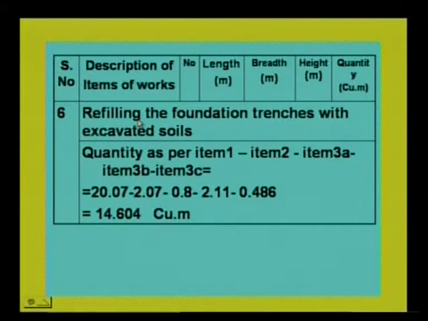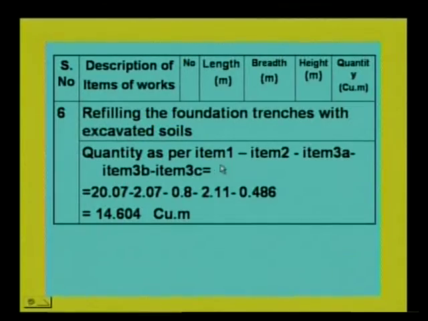The next one is refilling the foundation trenches with excavated soil. This quantity is obtained by deducting the quantity of CC bed, quantity of RCC for footing, and also quantity of RCC for columns below the ground level. Now you can see here the item is obtained by deducting item 2, CC bed for footings.